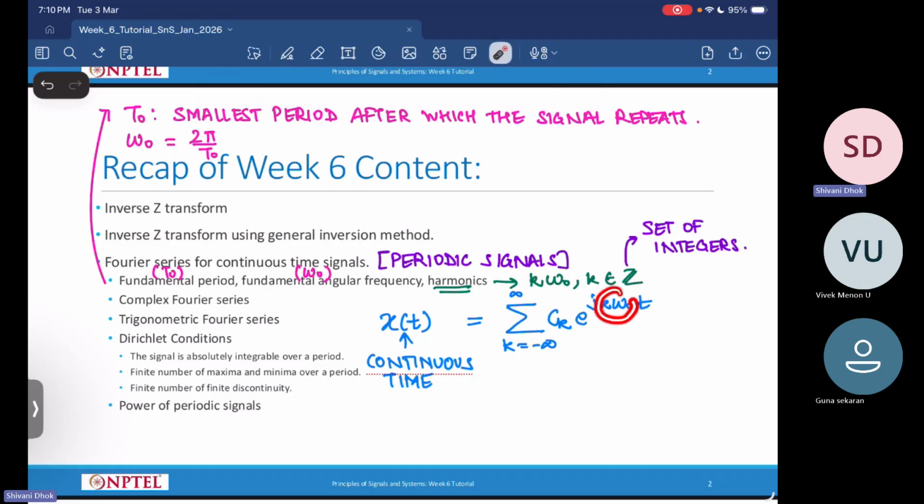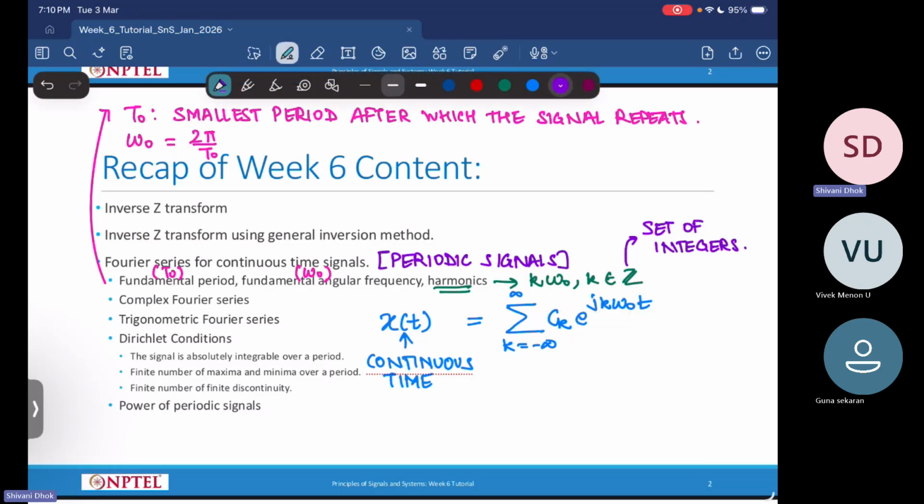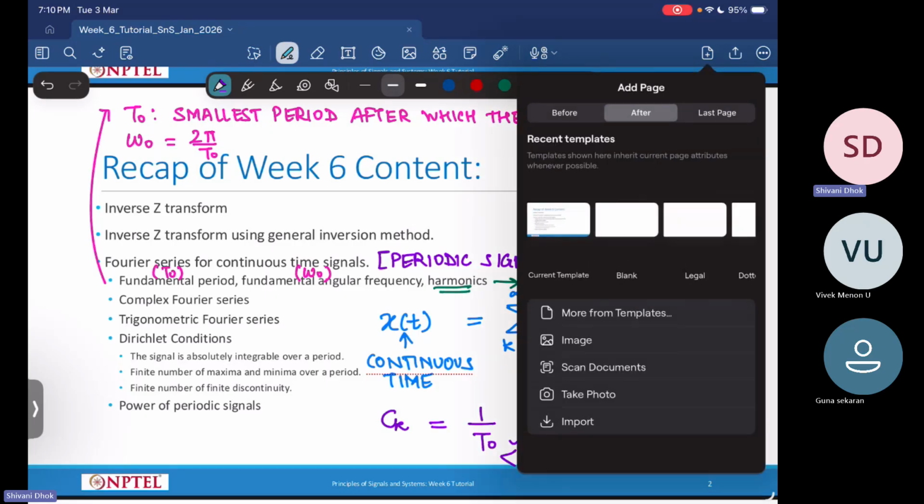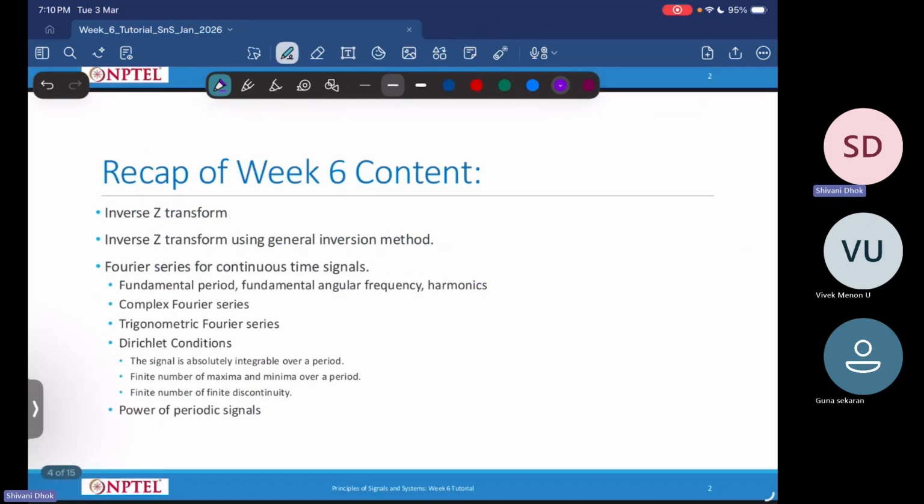This is the kth harmonic, and ck is your Fourier series coefficient. The coefficient is given by 1 by T naught times the integral over any period of x of t into e power minus j k omega naught t dt. So this is your complex Fourier series representation. After that, we also looked at something known as the trigonometric Fourier series representation.